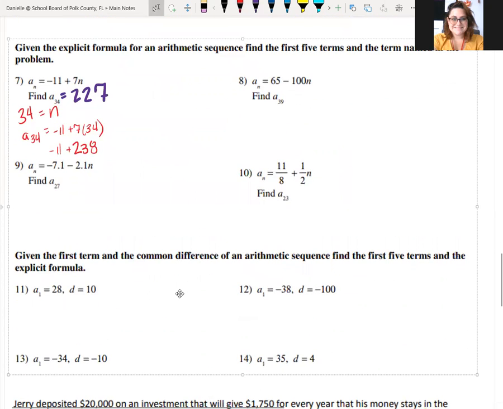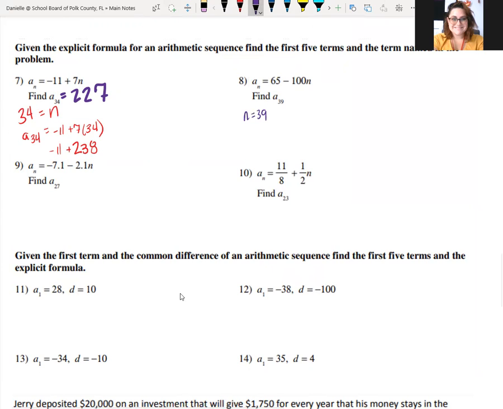So let's try the next one. Again, they already gave us the equation, so we don't need to worry about that. And we are saying that n equals 39 because it's right there. We're looking for the 39th term.